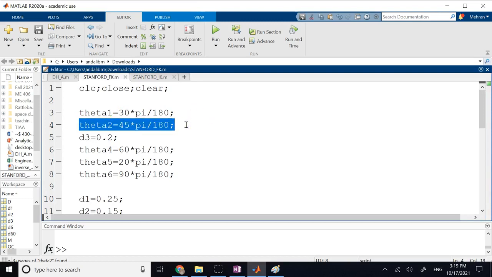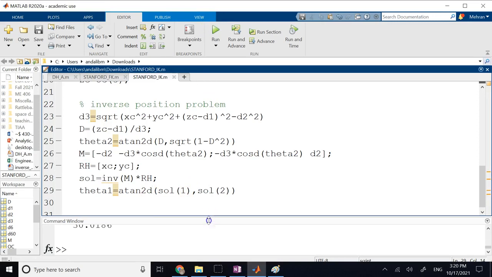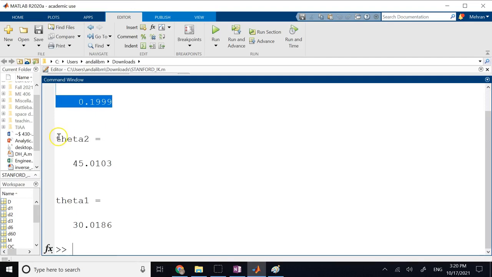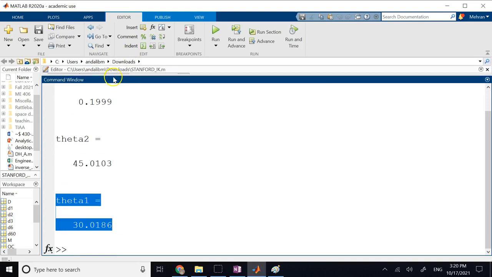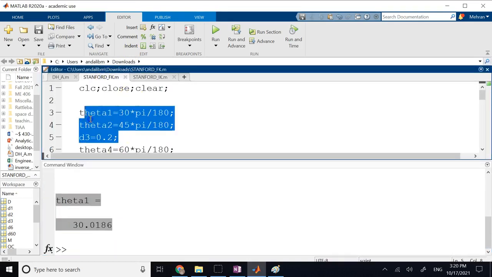in general, note that you have more than one solution for theta 2, right? And your M matrix, your right-hand side, the solution here involves a sine and cosine of theta 1, and then here I use arctangent to get theta 1, and if I run it for you here, look, your d is 0.2 and your theta 2 is 45 degrees and your theta 1 is 30 degrees, and that's exactly what you had over here, correct?